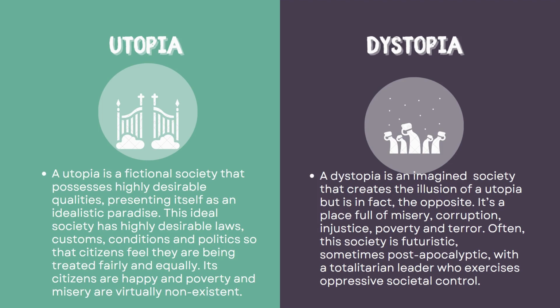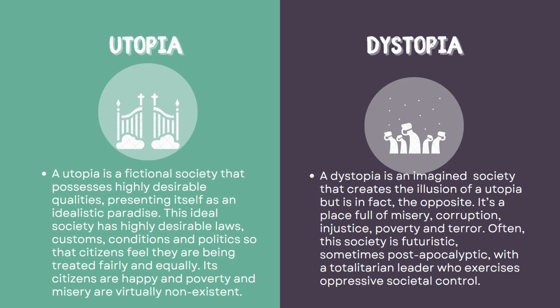So, it is actually a fictional society that possesses highly desirable qualities, presenting itself as an idealistic paradise. This ideal society has highly desirable laws, customs, conditions, and politics so that citizens feel they are being treated fairly and equally. Its citizens are happy, and poverty and misery are virtually non existent.